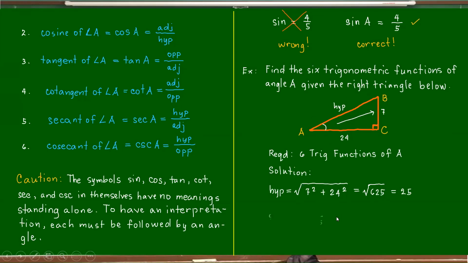So we have already completed the lengths of the sides of this right triangle. We are now ready to find the trigonometric functions. Starting with sine A, remember our reference angle is A, not angle B, because relative to angle B, the opposite is 24, not anymore 7.